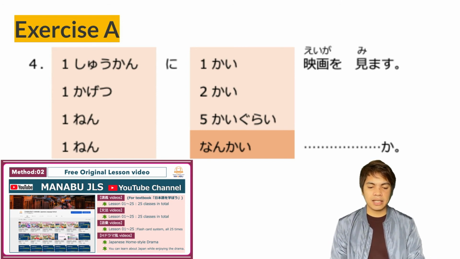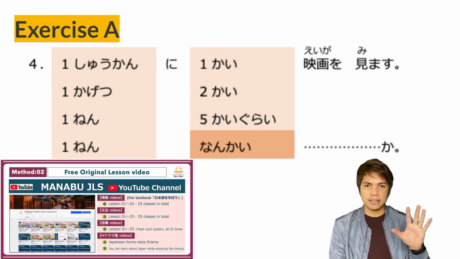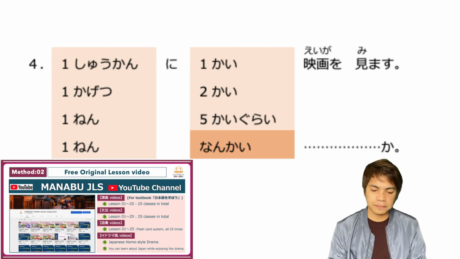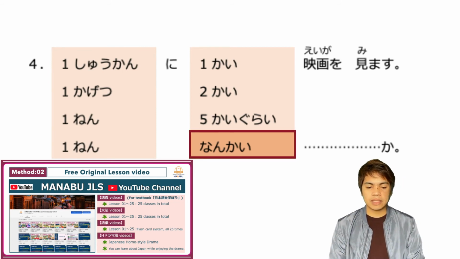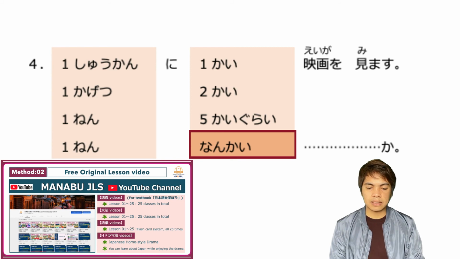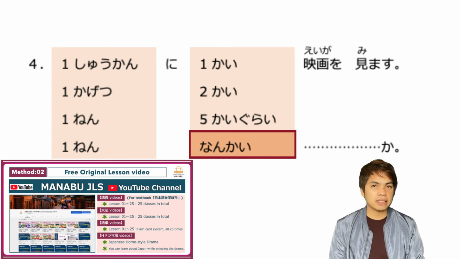Next line is 1年に5回ぐらい映画を見ます, about 5 times a year. The interrogative is 1週間に何回映画を見ますか? How many times do you watch movies in a week? And how many times do you watch movies in 1 month and in 1 year?